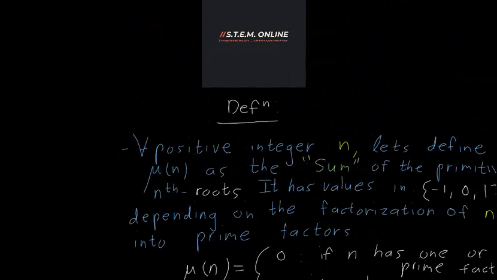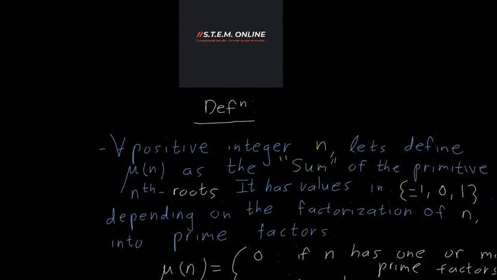The set is -1, 0, 1. So again, the function maps from the natural numbers to the set {-1, 0, 1}.